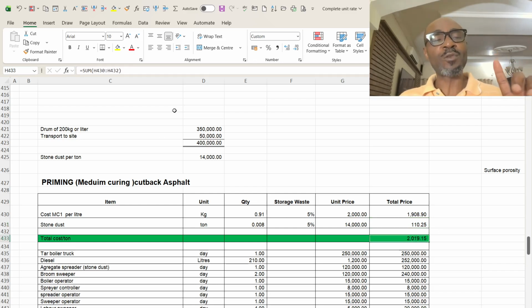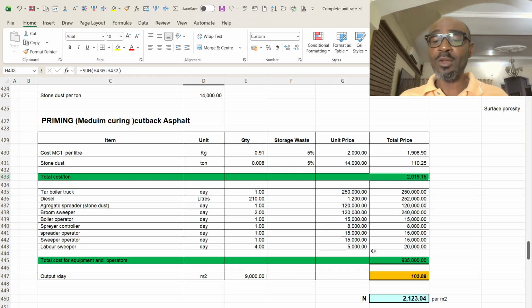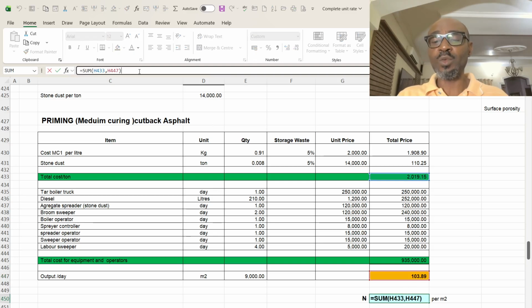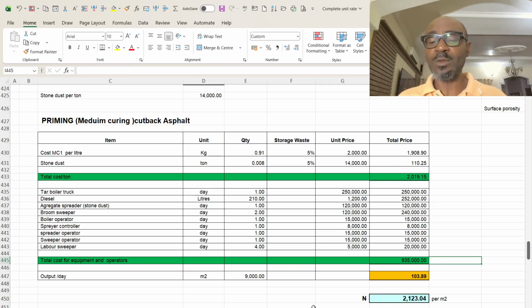It now brings the cost of material to 2,019 naira 15 kobo. Mind you, we have already gotten the cost per square meter for equipment, which is 103 naira 89 kobo. So when I add these two amounts, the cost for material and the cost of equipment, it now gives me a total per square meter of 2,123 naira 4 kobo.